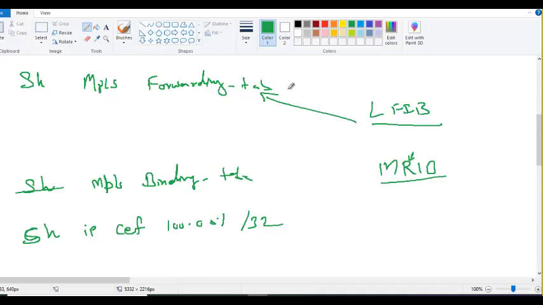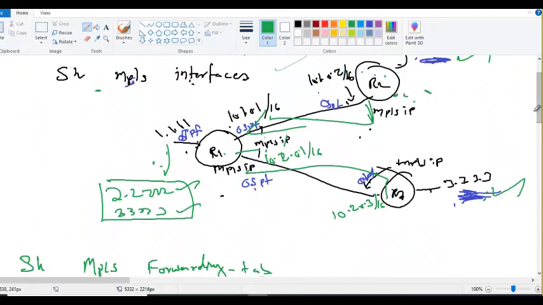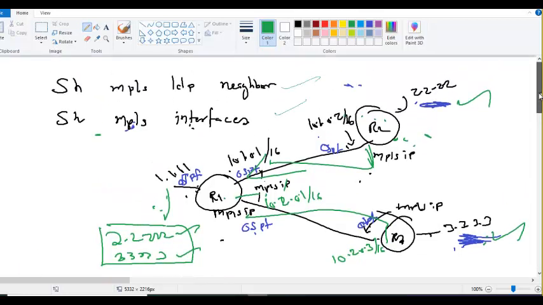Now, did anyone try doing the lab after yesterday's class? Have you done this lab? What I encourage you to do now, instead of continuing to the new syllabus, is build a small topology of a minimum of 6 routers, enable MPLS and use these commands.